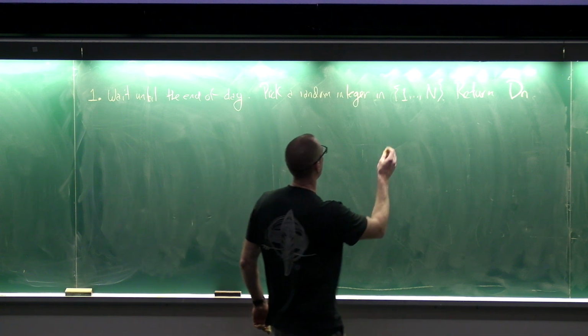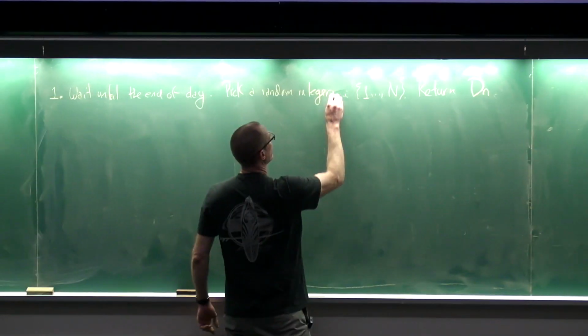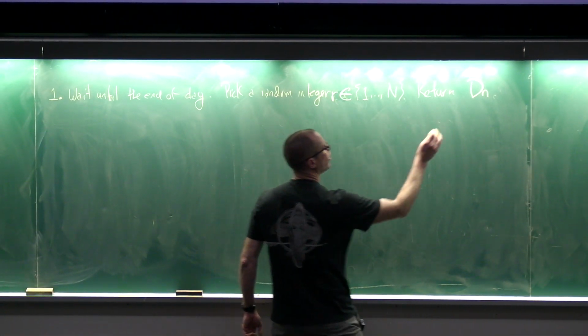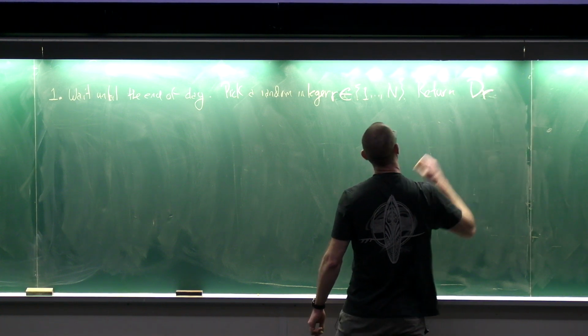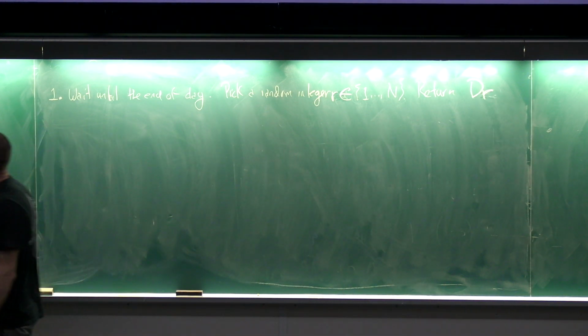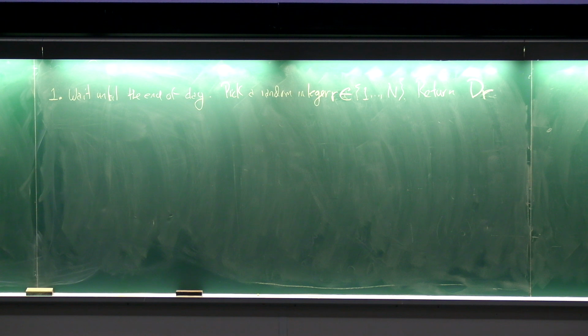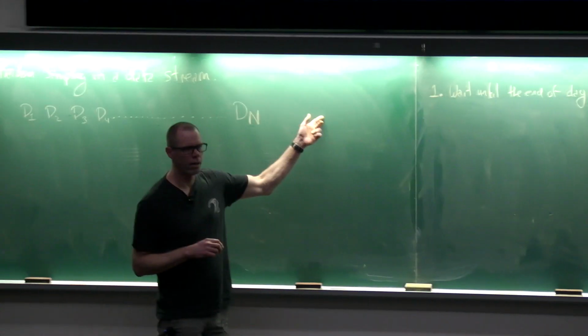The random integer, let's call it r, and return D_r. If you pick a uniformly random integer in 1 through N, then you'll get a uniformly random data item here. Each item will be returned with probability 1 over big N. Problem with that is it requires that you wait till the end of the day and store all of the data.